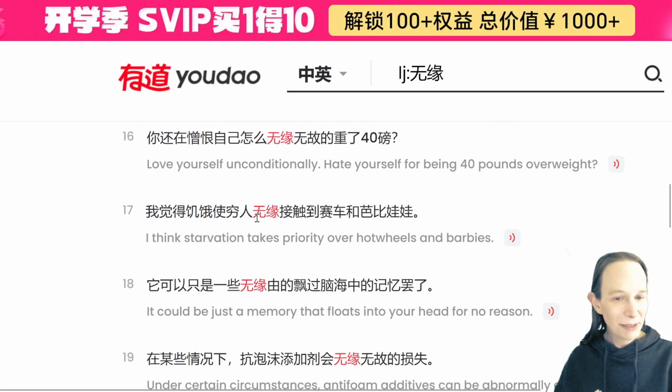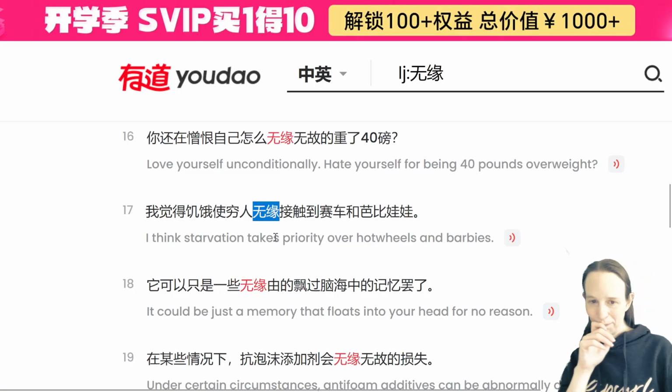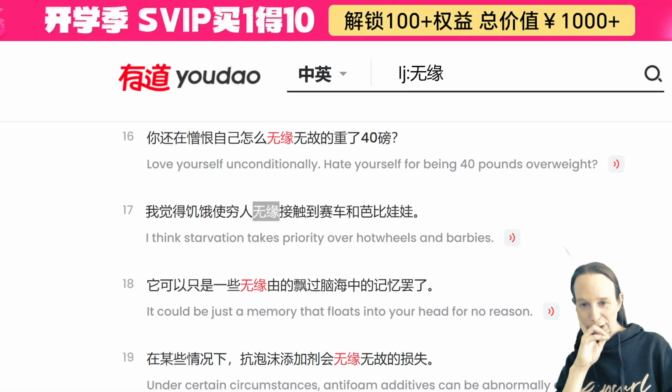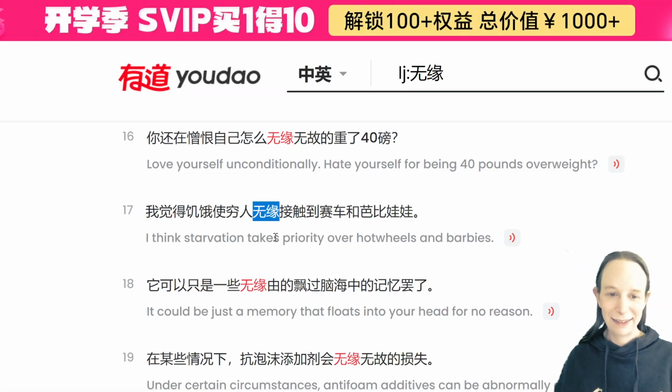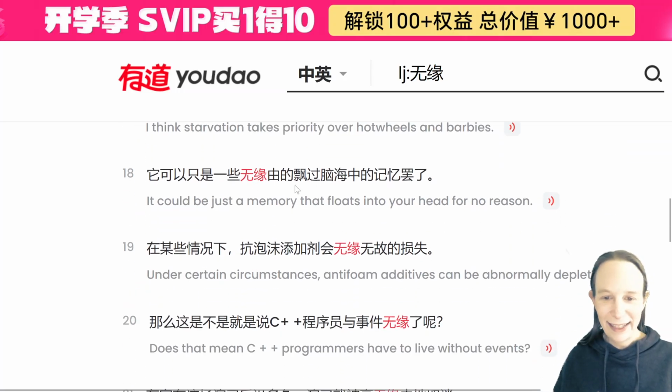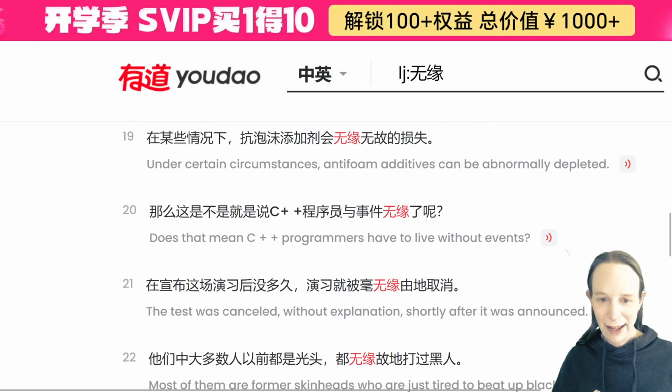Pronunciation completely wrong. Okay. 使穷人无缘接触到赛车和芭蕾娃娃. What? So starvation, maybe this is not a great example. Let's just move on. 一家家程序员与实践无缘了吗?